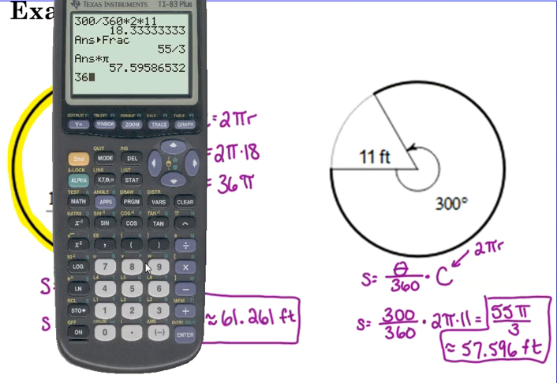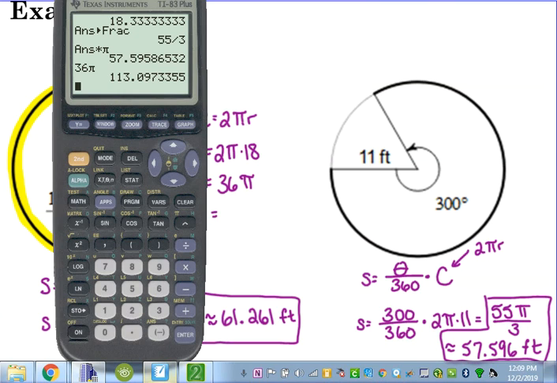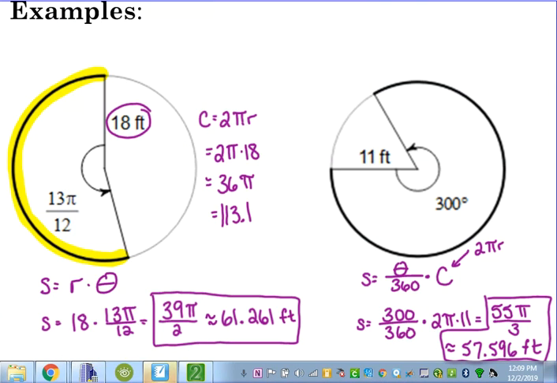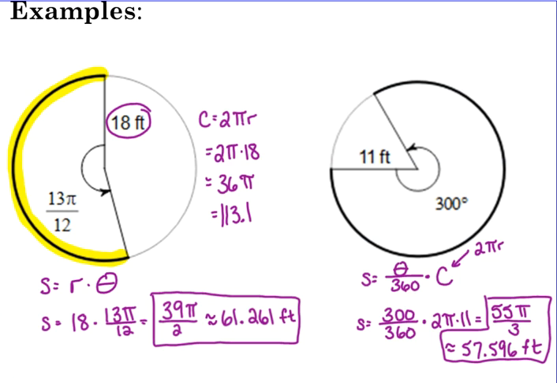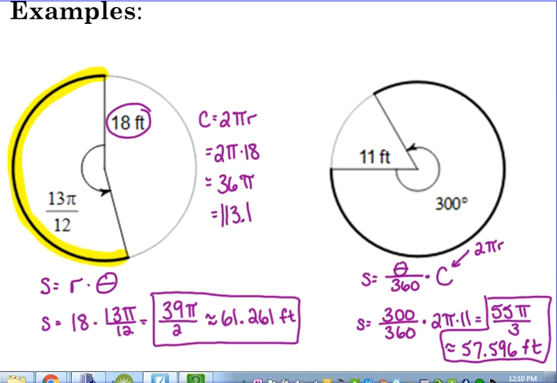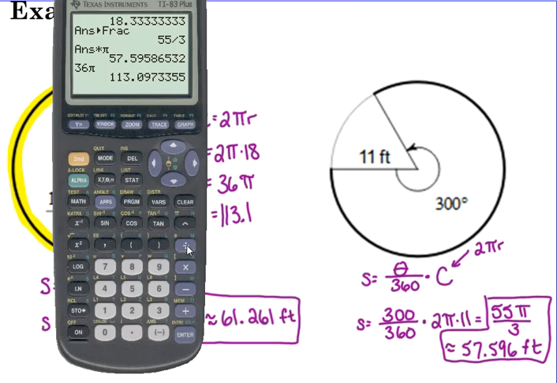And let's get the approximation there, 36 pi. The whole circumference is 113.1. Look at the diagram. Our arc is a little bit more than half of the circle there. So it makes sense that our answer is just a little bit bigger than half, which is 56.5.